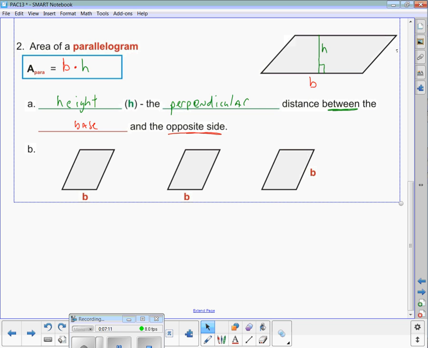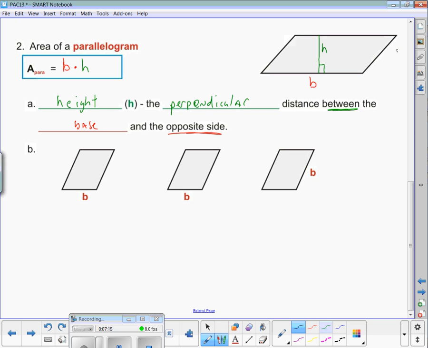Okay, so the height. If you look at our illustration here, again, I can put a height anywhere along here. I can stick one here. Second example, I'm going to go outside. Got to extend the base, right? The line with an imaginary line, so we see where the height is. Now be careful on this third one. We've got to be perpendicular to this side.